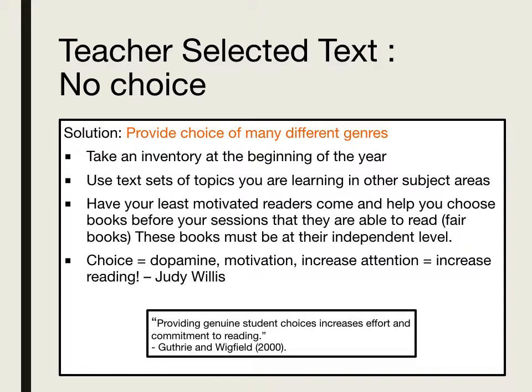Choice increases dopamine. Dr. Judy Willis, a certified neurologist and middle school teacher, says that this dopamine is the brain's response to pleasure, and this in turn increases motivation, which increases attention, which increases reading. So choice is very helpful in decreasing off-task behavior and demotivation.